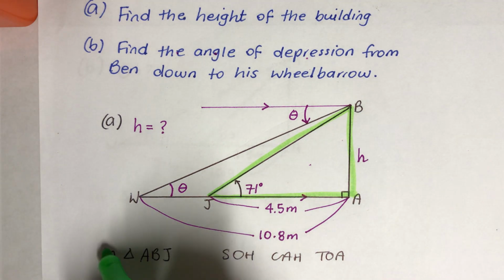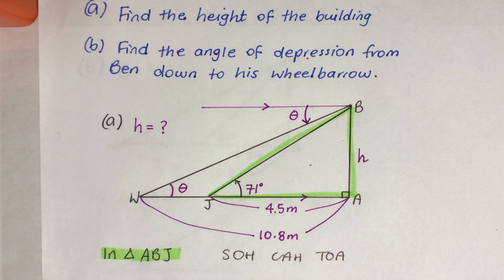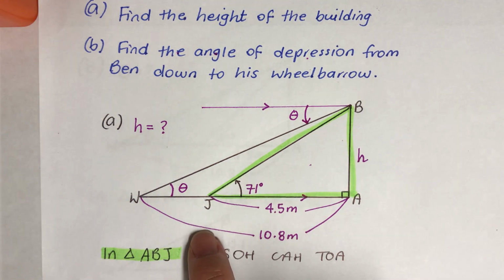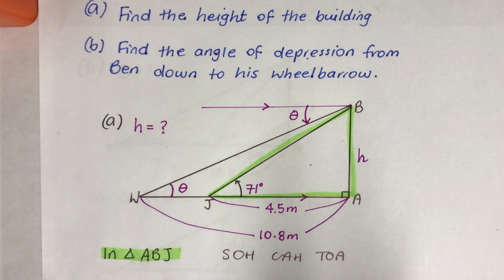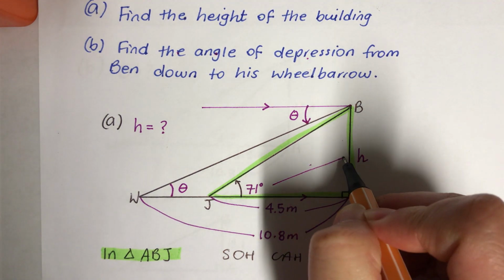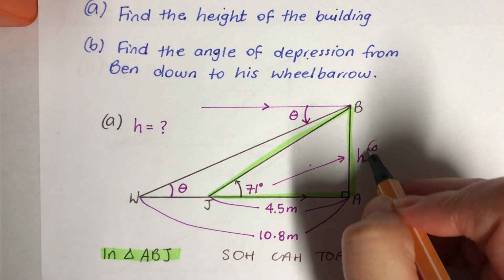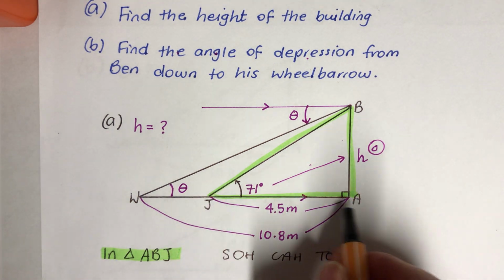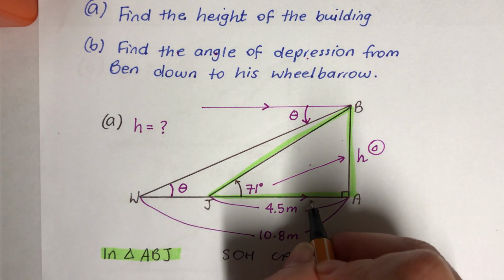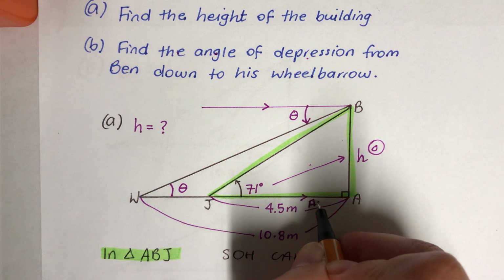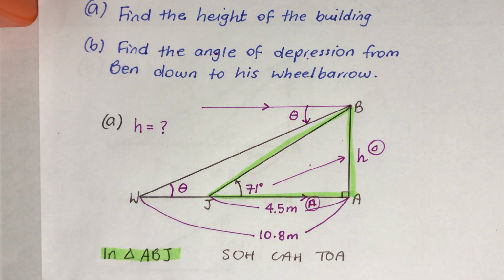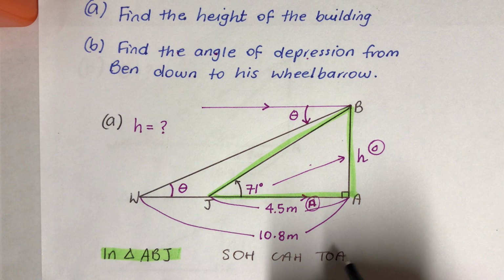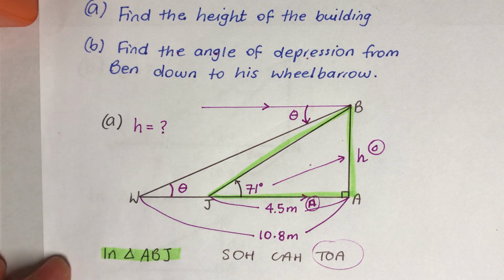So in triangle ABJ, we're going to use SOH CAH TOA. Let's label them. You always have to label them. So H we're looking for, the opposite, so it's opposite. And the information we've got is AJ, which is adjacent. So O and A, that's tan.